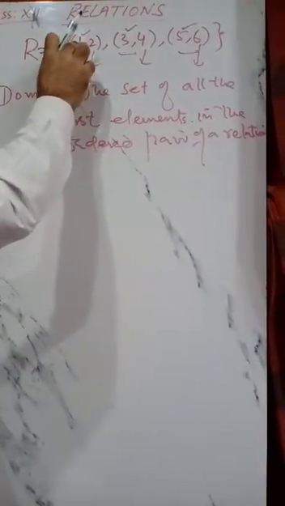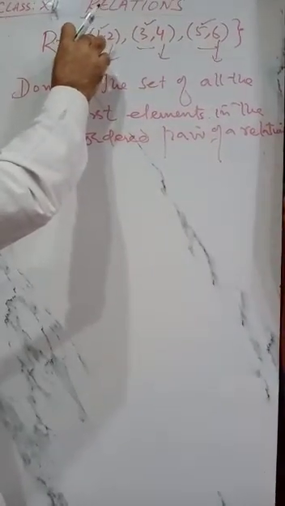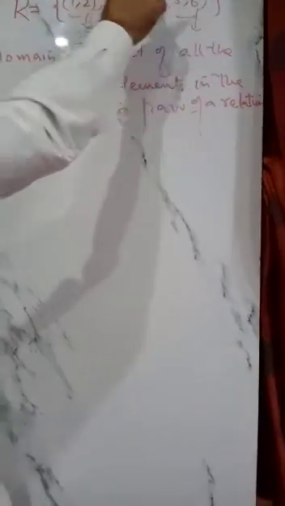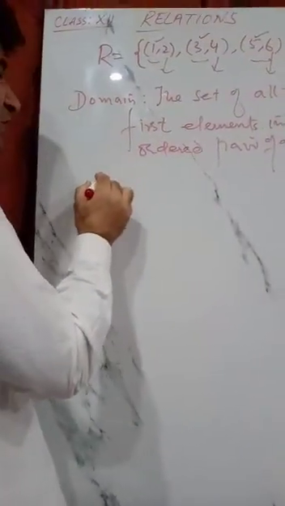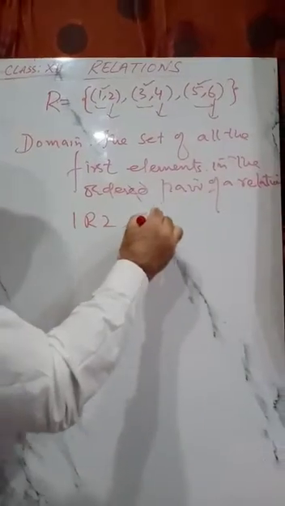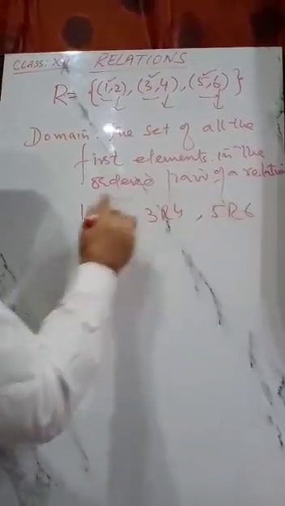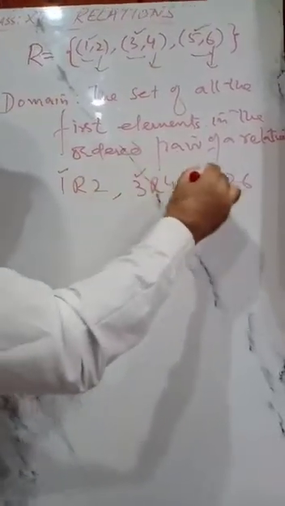First elements: here the ordered pairs are (1, 2), (3, 4) and (5, 6), and the first elements are 1, 3 and 5. Because you know that 1 is related to 2, 3 is related to 4 and 5 is related to 6. The first elements are 1, 3 and 5.